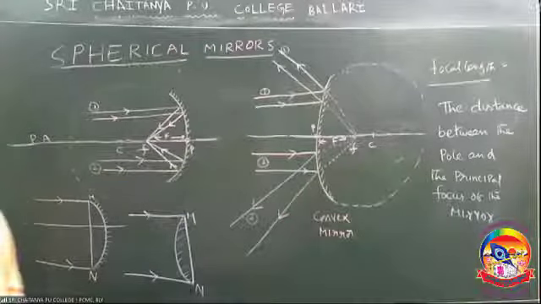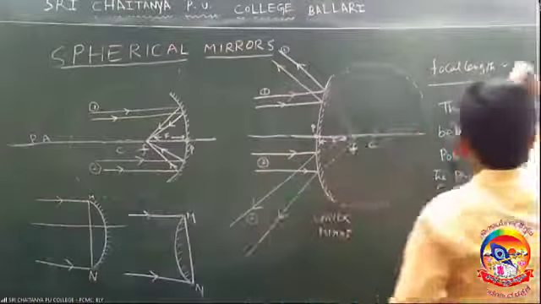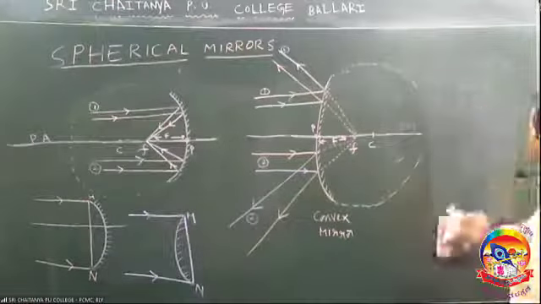So, how to write the concept of aperture of the mirror?